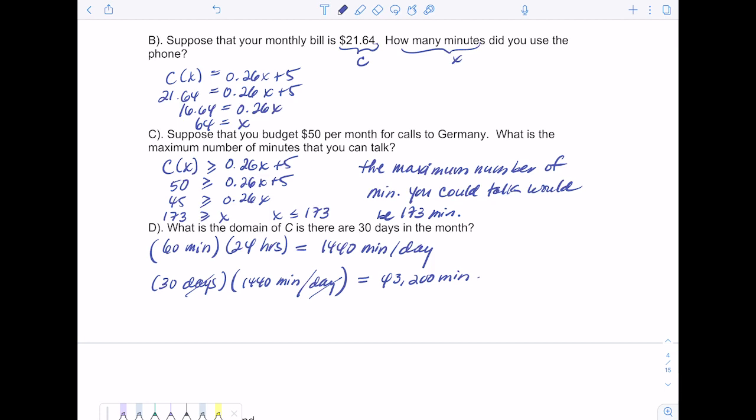So the domain could be you don't talk at all, so 0 minutes, all the way up to 43,200. Or you could express it in set builder notation where x would have to be between 0 and 43,200.